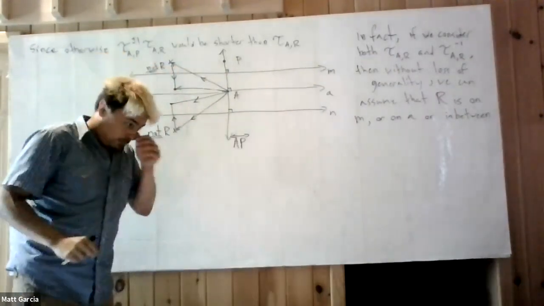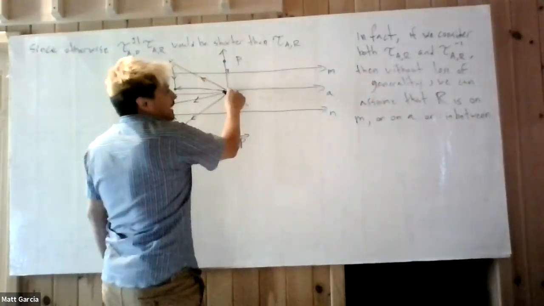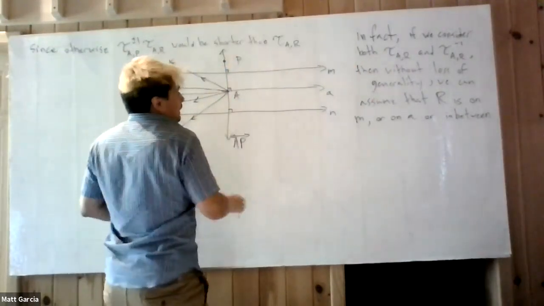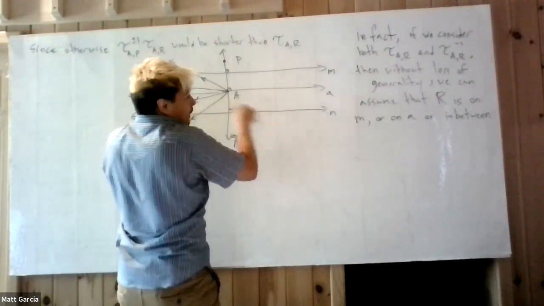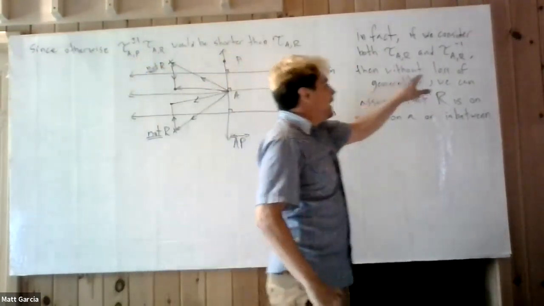Because we know that one of these based at A points up above the line A, and the other one must point below the line A. So that's what I mean when I say without loss of generality.